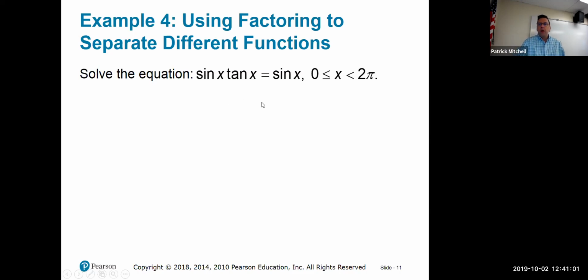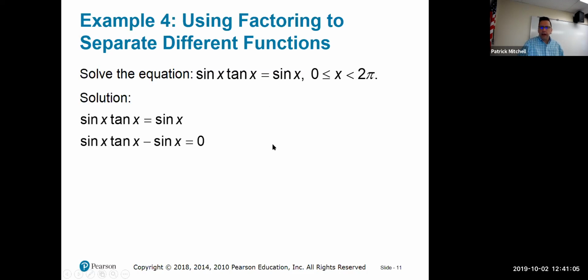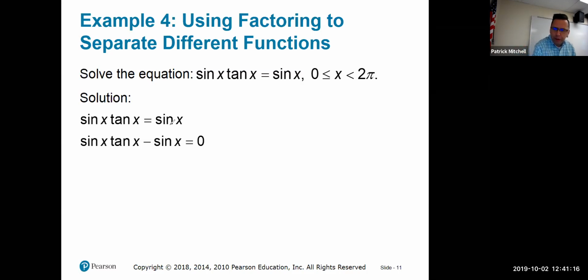Okay, so what I'm going to do instead is, I don't know if I would exactly call this standard form, I don't know if that's a real term for what I'm doing here, but I'm getting everything on one side. I'm going to solve this equation by factoring.